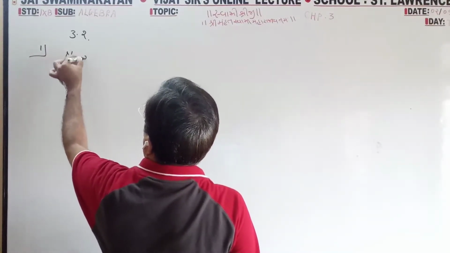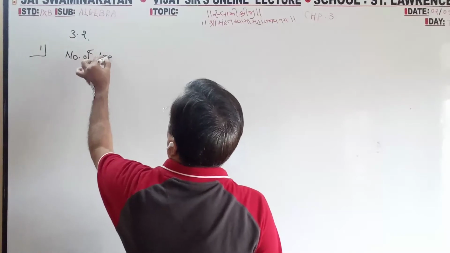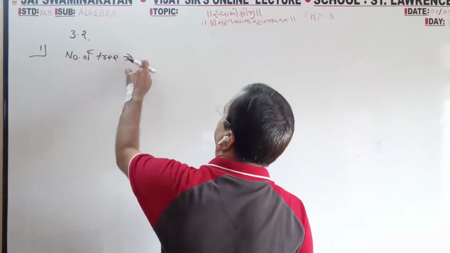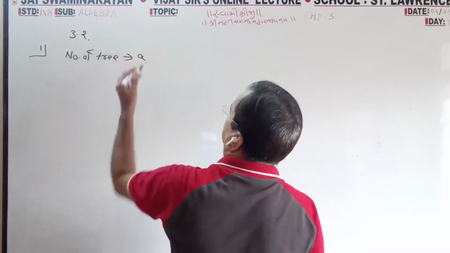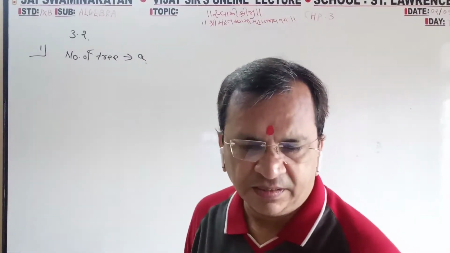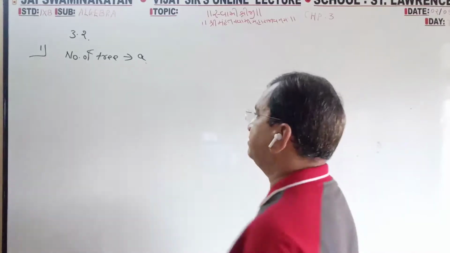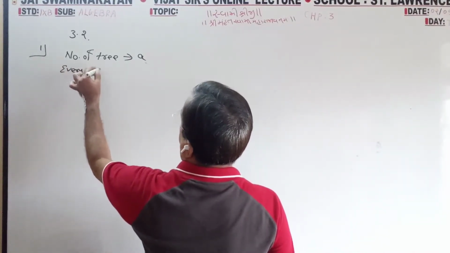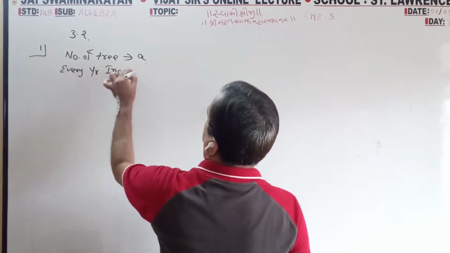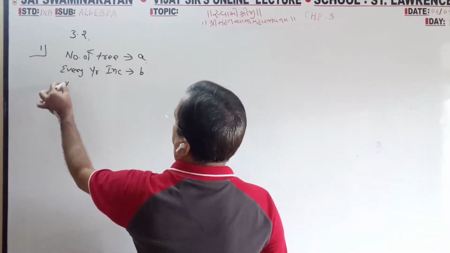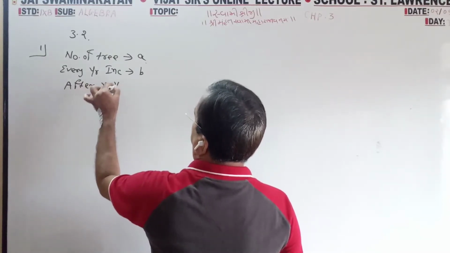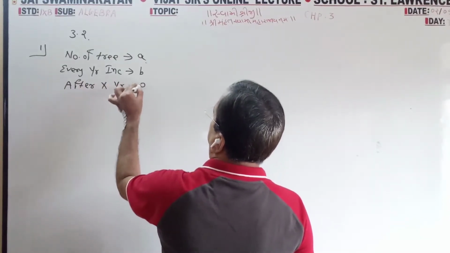So number of trees is A. Every year increase B. After X year, XB.